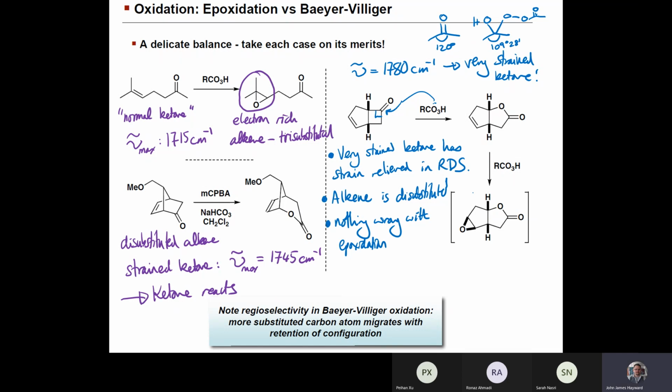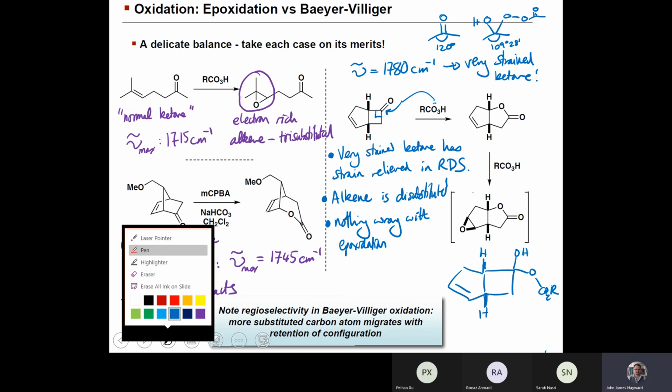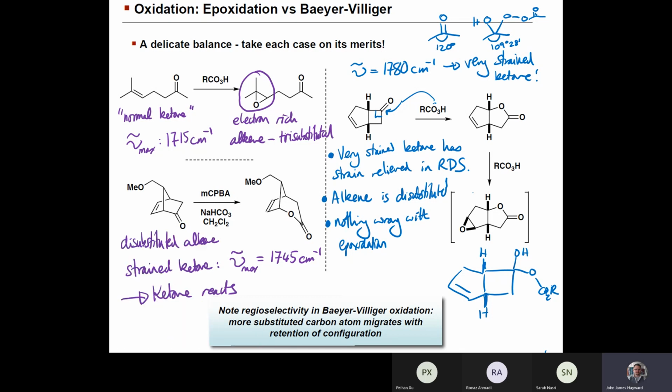Now, note that when we get through to our intermediate here, there are two possible groups that could migrate. This one could migrate, or this one could migrate.